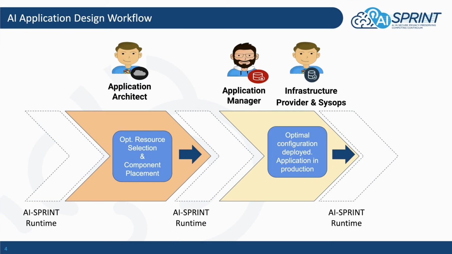These steps include the execution of the design and performance models tools that will help to provide the optimal application deployment and components placement on the virtual infrastructure, as explained in another video.